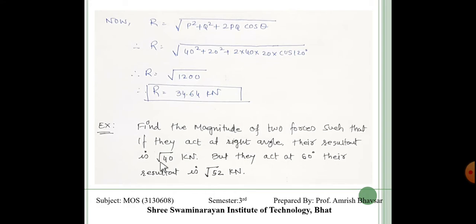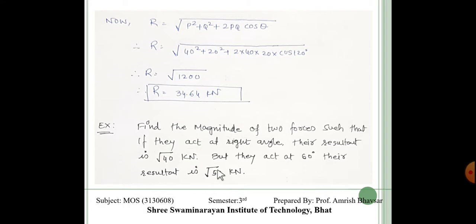Read carefully. Two forces acting at right angle means theta is 90 degree, then the resultant is under root of 40 kilonewton. But if they act at 60 degree, their resultant is under root of 52 kilonewton.